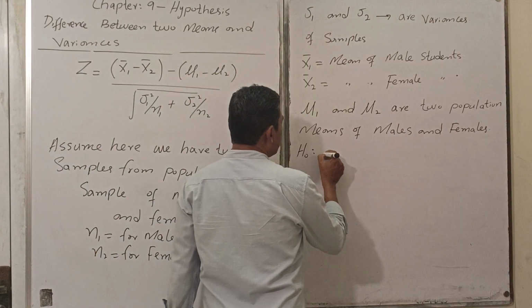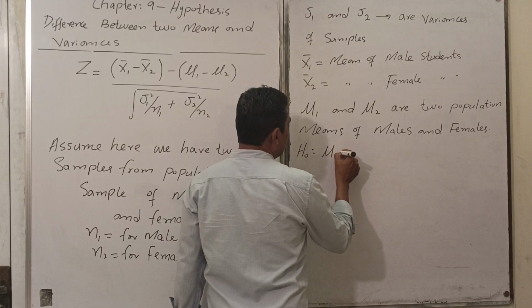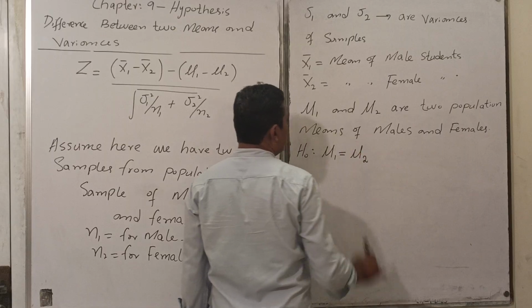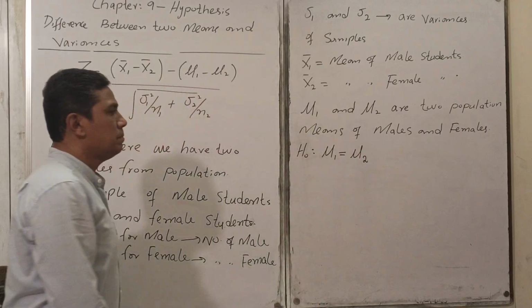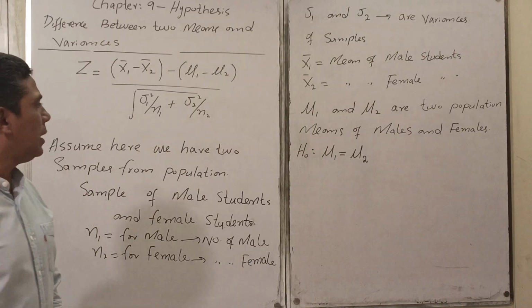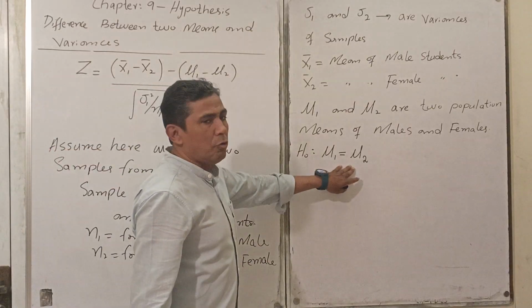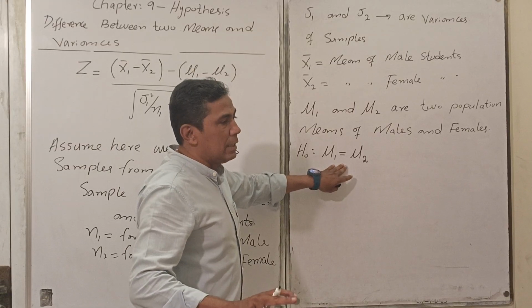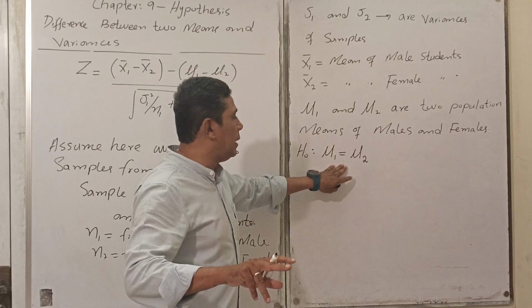So it means mu1 equal to mu2. There is no difference between the means of two populations, either male or female.